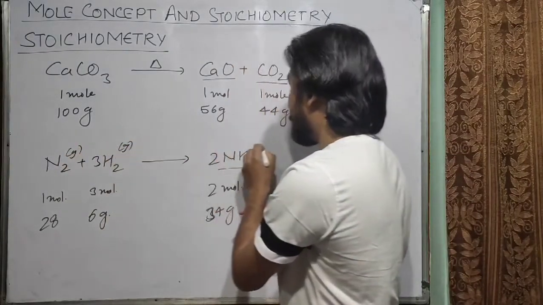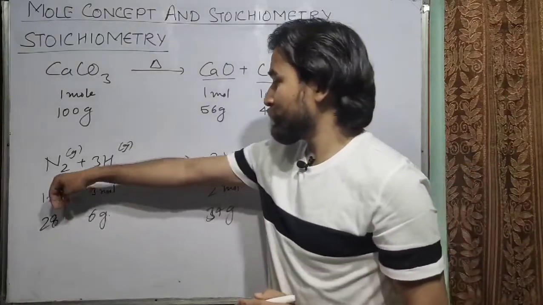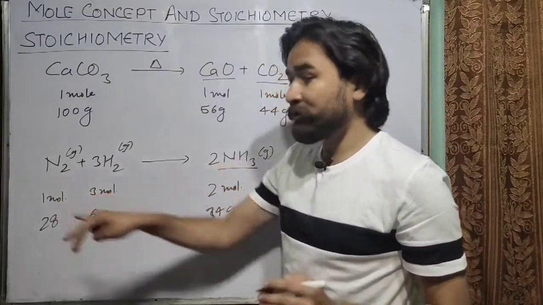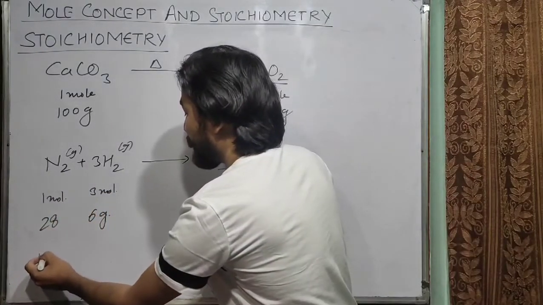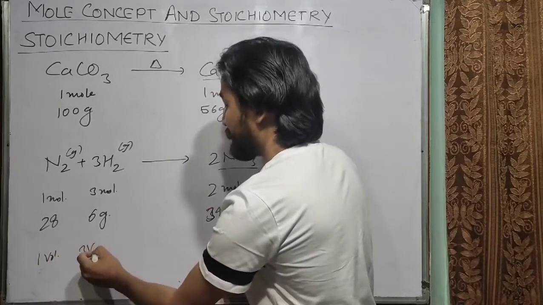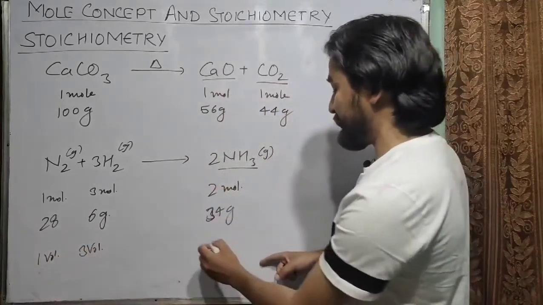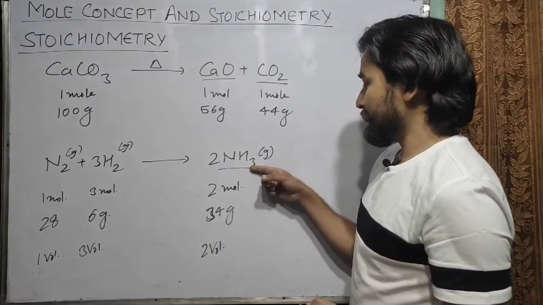So at the same temperature and pressure, if the volumes are considered, you will use Gay-Lussac's law, that is 1 volume of nitrogen will combine with 3 volume of hydrogen, and it will give 2 volume of ammonia.